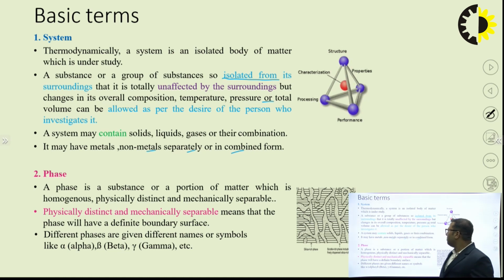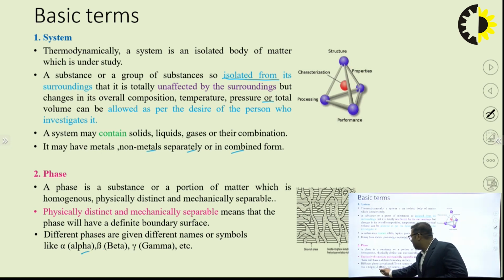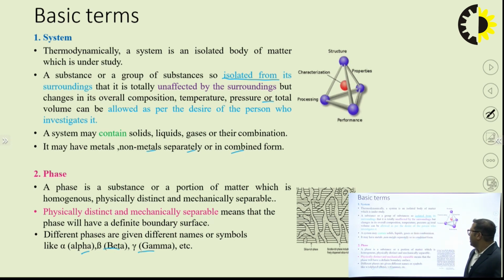Then coming to phases, a phase is a substance or a portion of matter that is homogeneous, physically distinct and mechanically separable. Physically distinct or mechanically separable means that the phases will have definite boundary surfaces. There are different types of phases, like alpha phase, beta phase, gamma phase, and depending upon the state, phases can be differentiated as solid phase, liquid phase and gaseous phase.